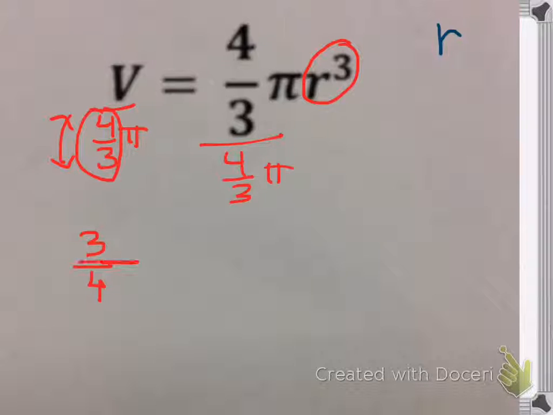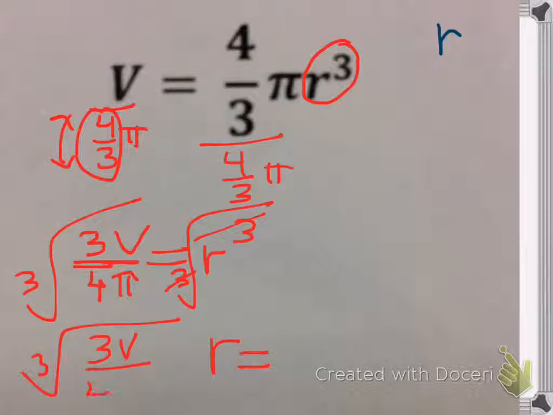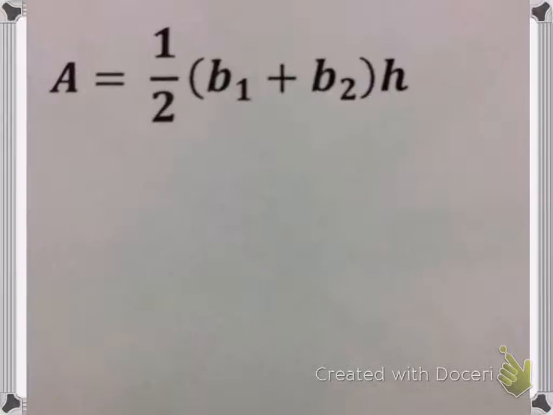So I would have 3/4, and I would still have v over here, and then I would still be dividing by pi, so it would be on the bottom. On the other side, I would have r cubed. I need to get rid of the cubed on the r, which means I would cube root both sides. And this turns out quite ugly, but I'm going to have r on this side from the cube and the cube root canceling. And on this side, I'm going to have the cube root of 3v over 4 pi.